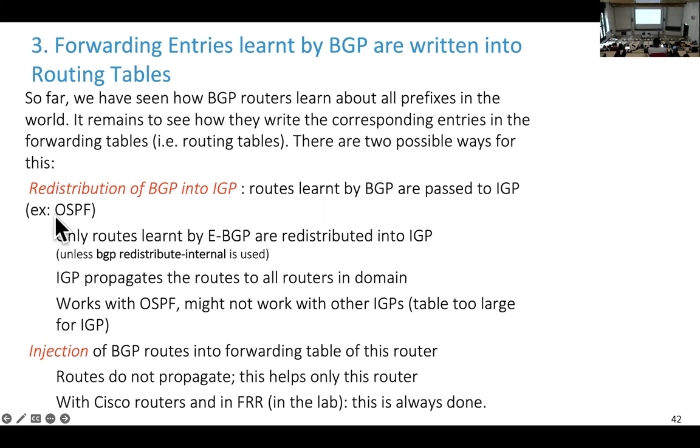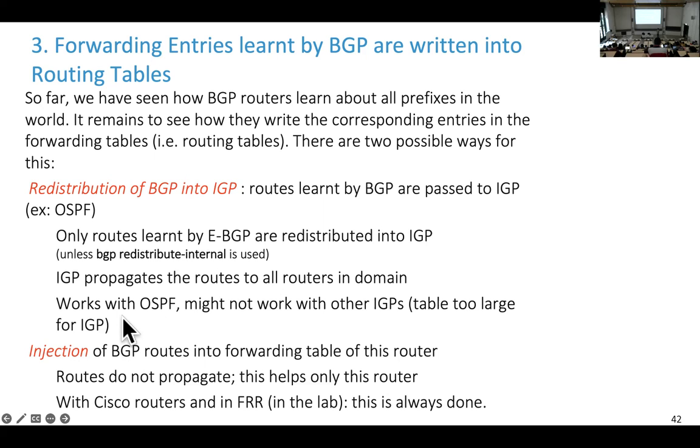For example, with OSPF, the external routes that you have learned by BGP, you will redistribute them over OSPF. Then OSPF will take care of that and pass them around everywhere. Then at the end, every router knows a path to every external destination as well.